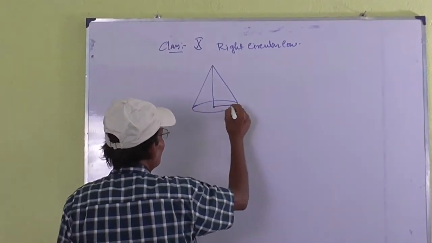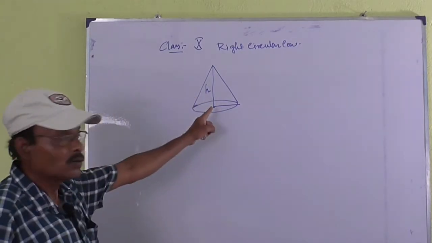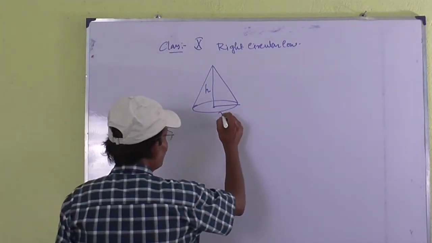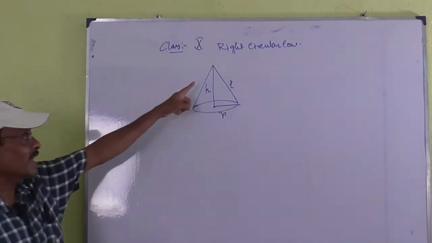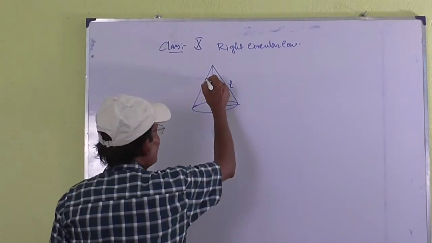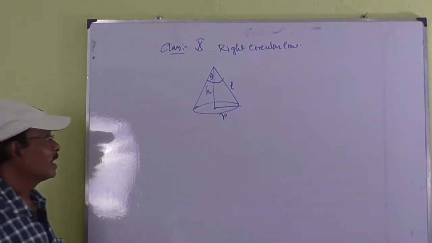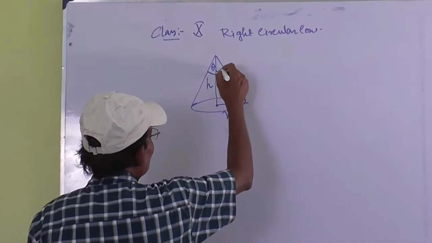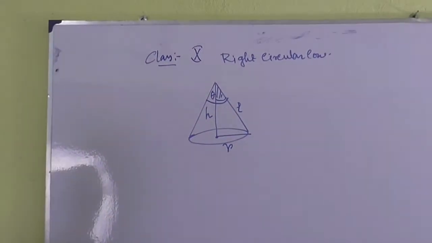Here is the vertical height, the radius and the slant height, and this angle theta is the vertical angle, and this angle is the semi vertical angle.